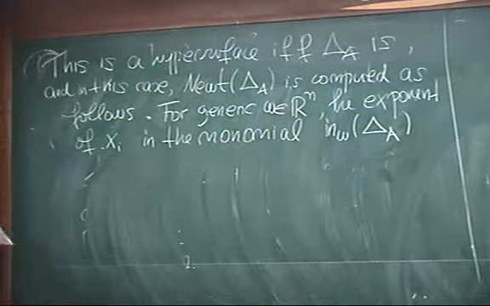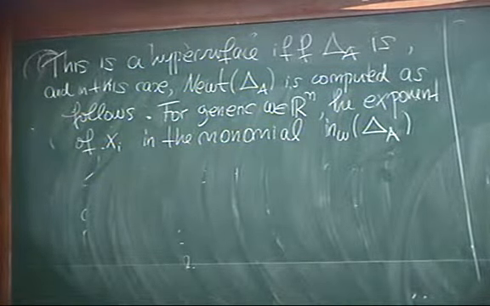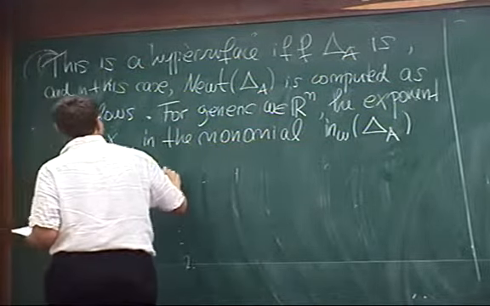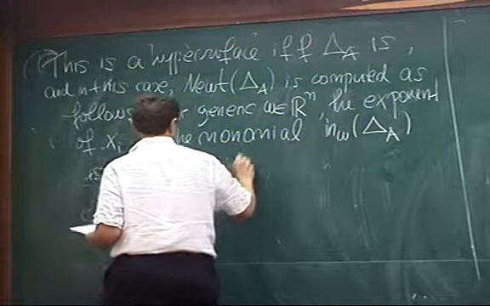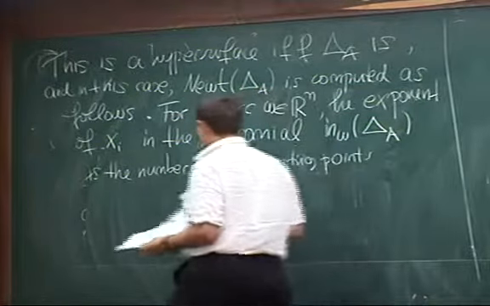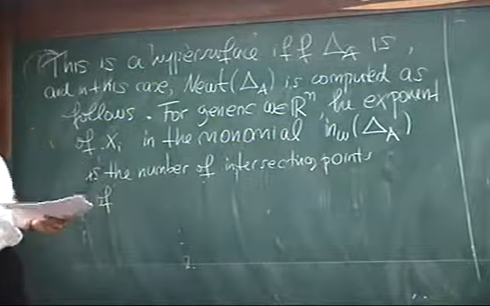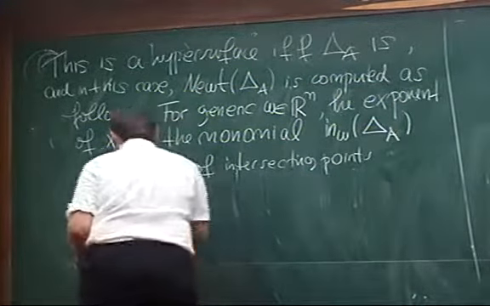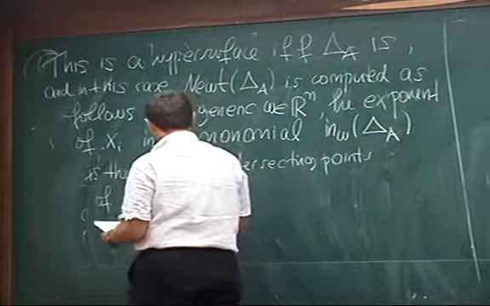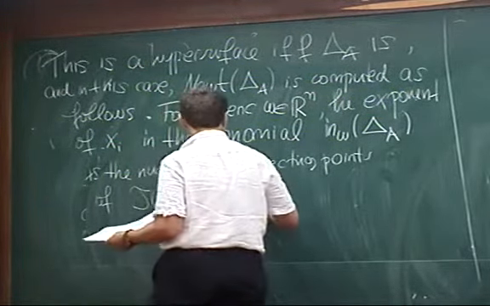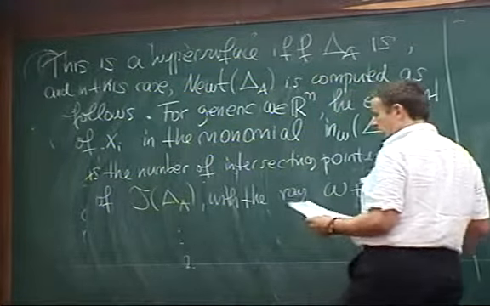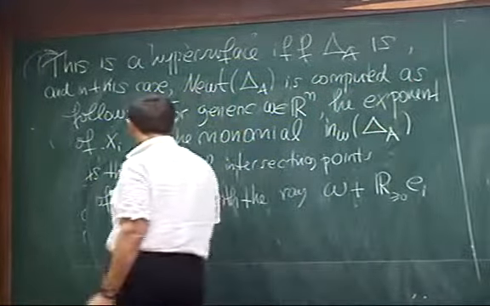And the power of xi in the desired leading monomial is the following number: the number of intersection points of this tropical hypersurface over there, right, of this thing with the half ray W plus non-negative multiples of EI, counted with multiplicities.